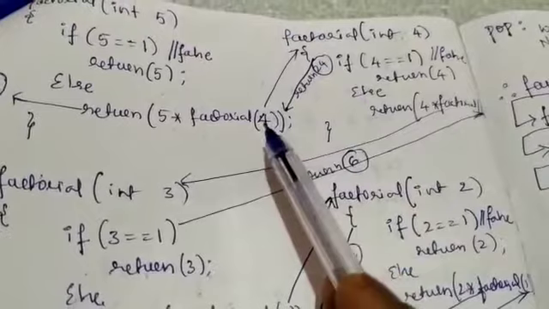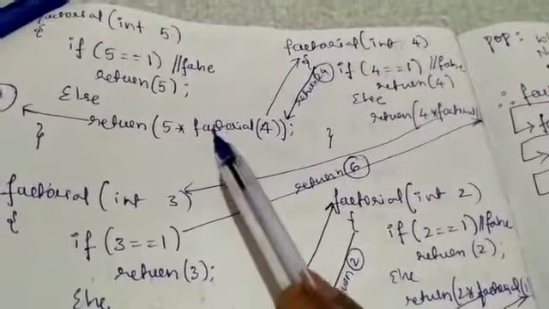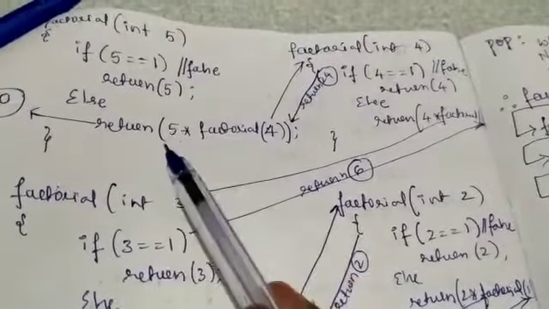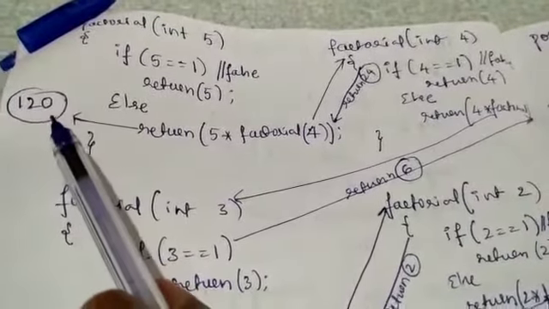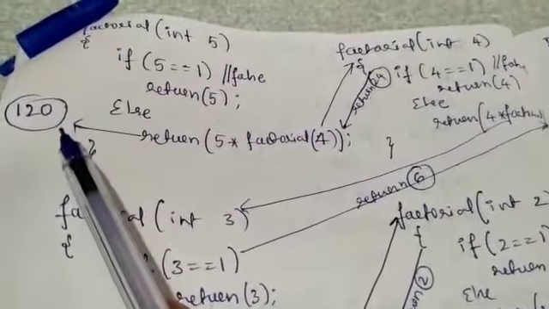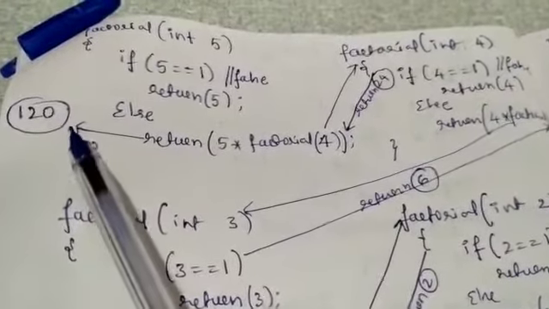In turn, the result 24 into 5 is 120. So at last we are going to get a result of 120.